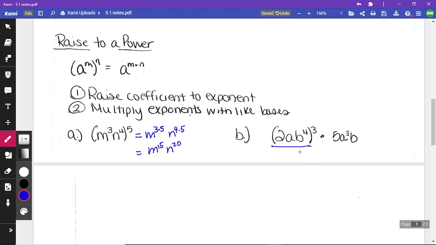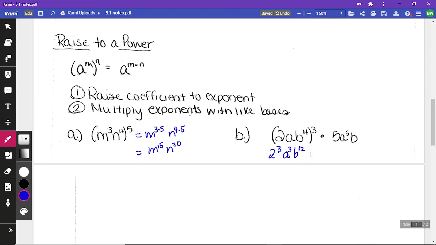So we raise 2 to the third power. And then we have that a, which is also raised to the third power, and we have b raised to the 4 times 3 power. This time I will just go ahead and write that down as b to the 12th.